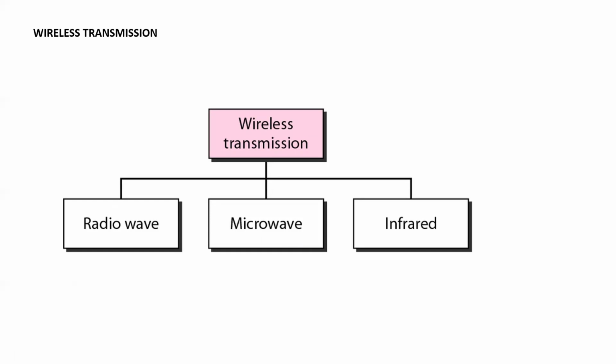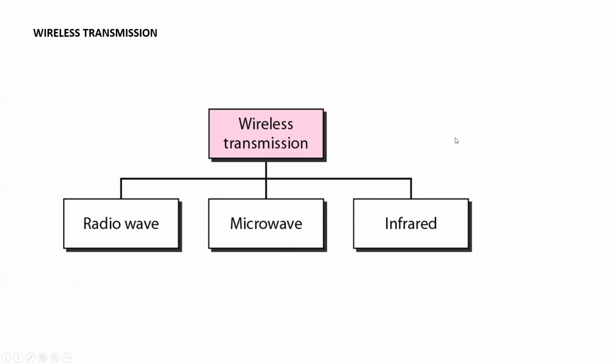Then the microwave: we use satellites for microwave transmission. We have seen this microwave transmission also as satellite transmission. We are connected to everything on this earth. So that is microwave communication. And the infrared.